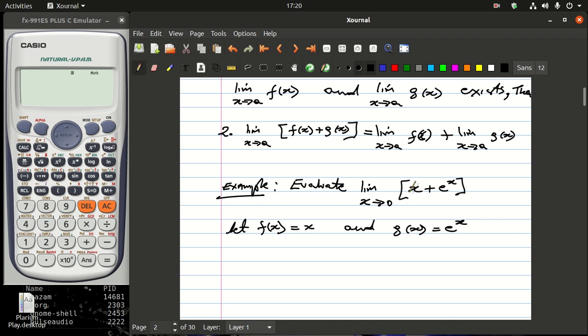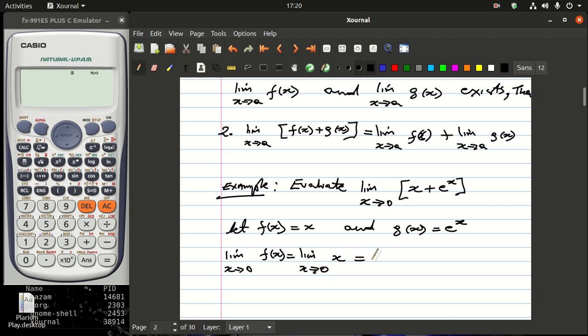So if you look into this function and that function, what you end up seeing is that I can take the limit as x approaches 0 of f of x, which is just the limit as x approaches 0 of x.